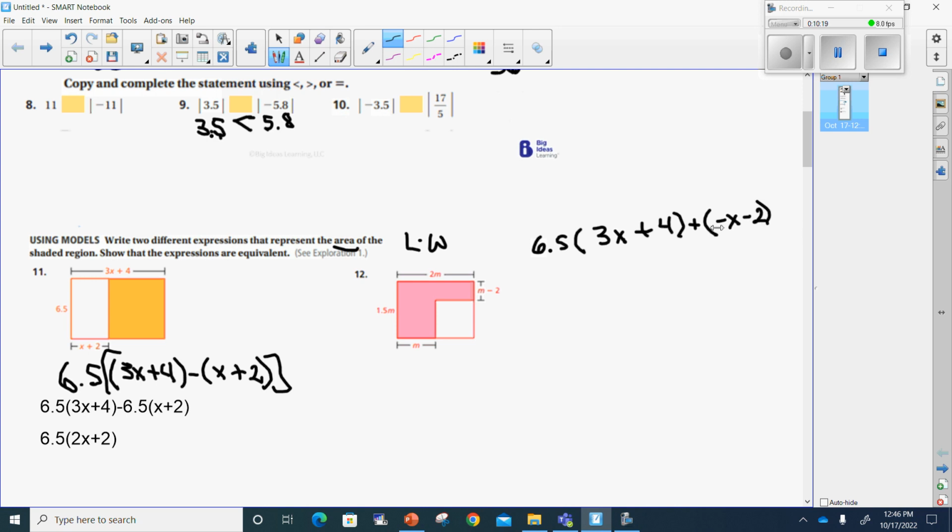All right, now I can move this down here. Negative x minus 2. And that's going to give us 6.5 times 2x plus 2.